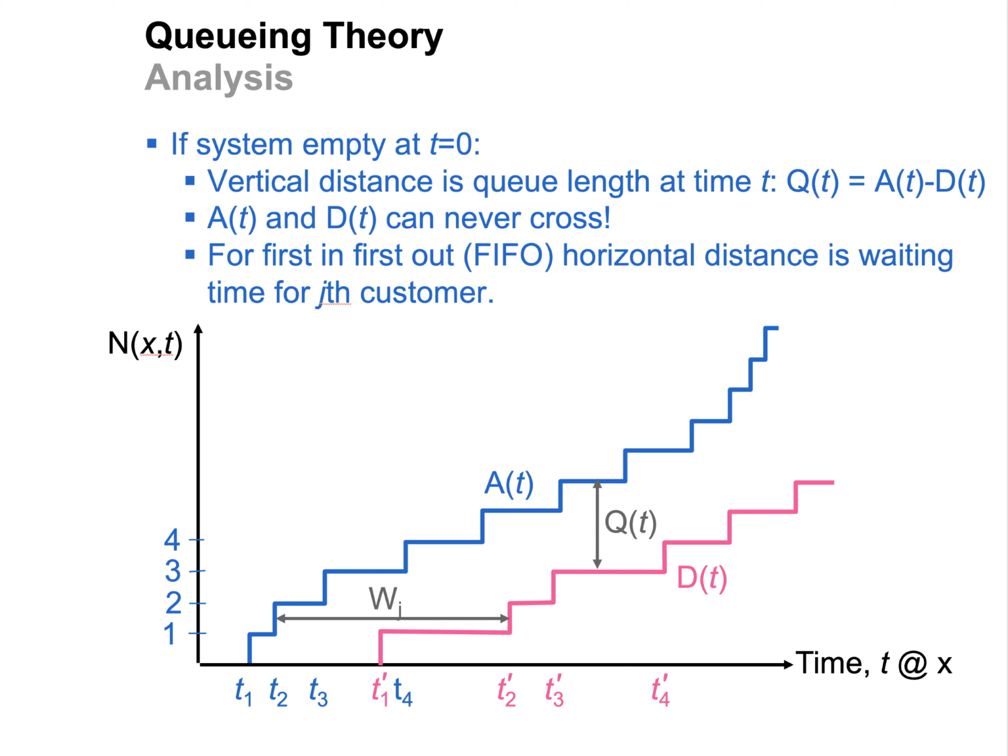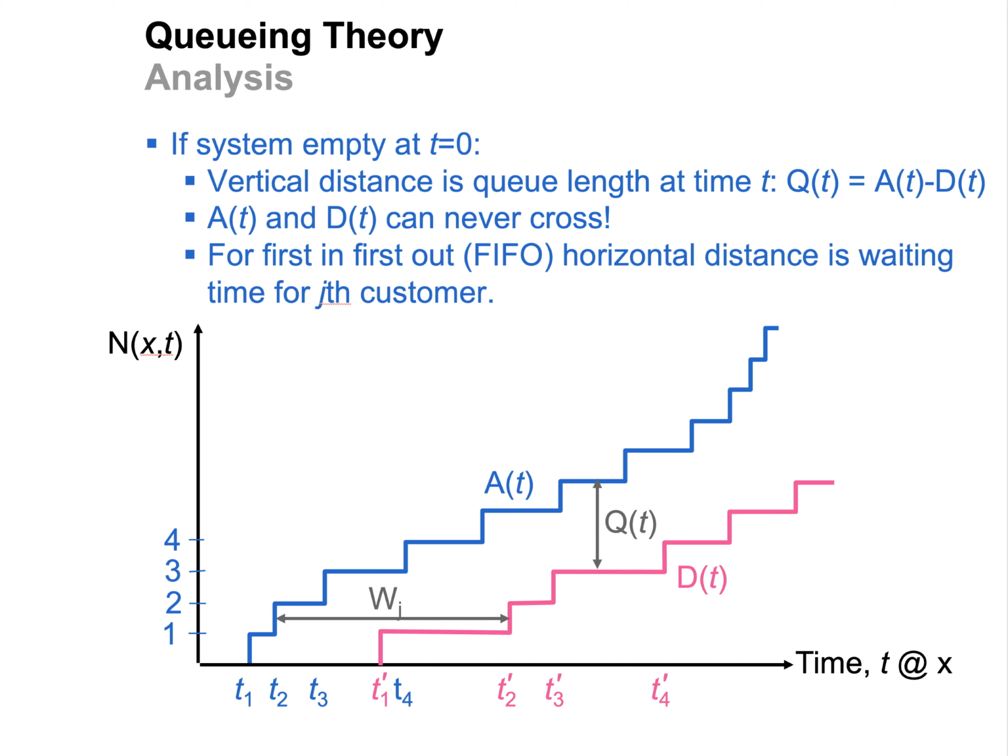Okay, so now there are some things that we can observe. We can analyze this system based on these two curves, the arrival curve a of t and the departure curve d of t. Let's assume that the system is empty at t equals 0. So we're starting with an empty system. The vertical distance at any time is the queue length in number of customers at that particular time.